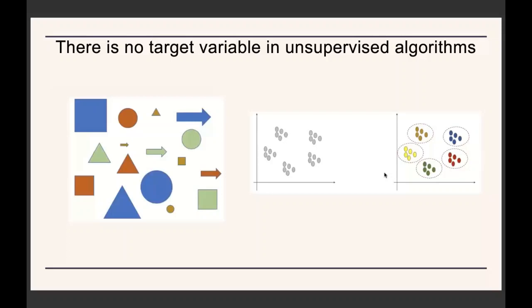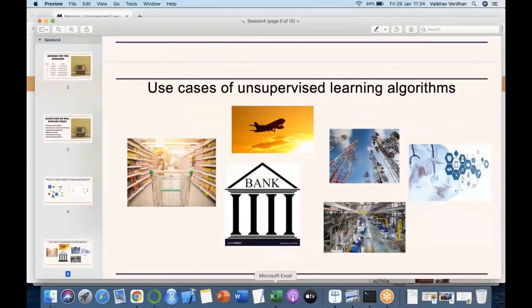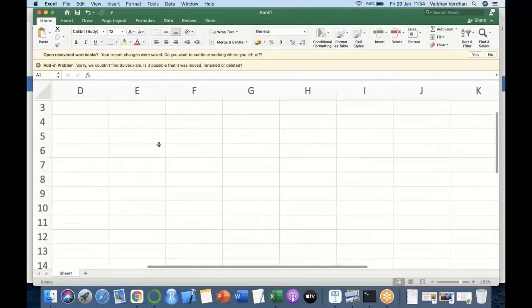So for example, let's go to the use cases of unsupervised learning. Let's say you have a retail industry, an apparel-selling business. Let me go over to the Excel sheet and give you a case study on that.